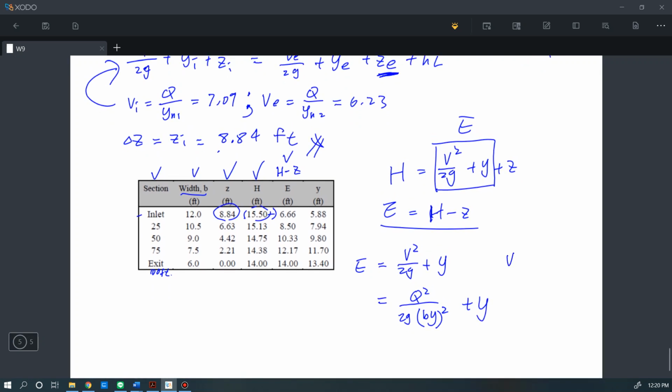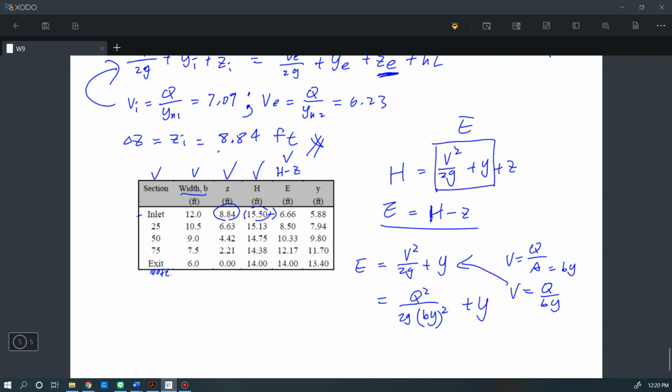Because V is equal to the flow rate divided by the area, and the area for the rectangular channel is By, right? So we plug this V into this equation here, then we get this one.